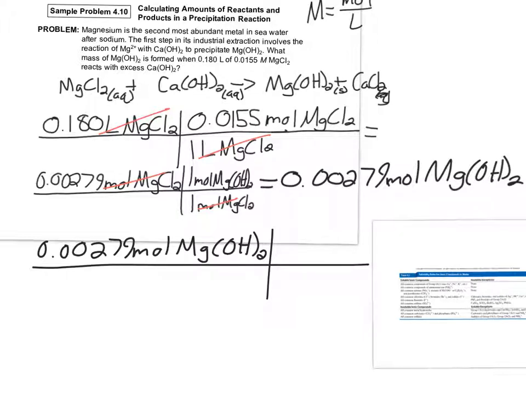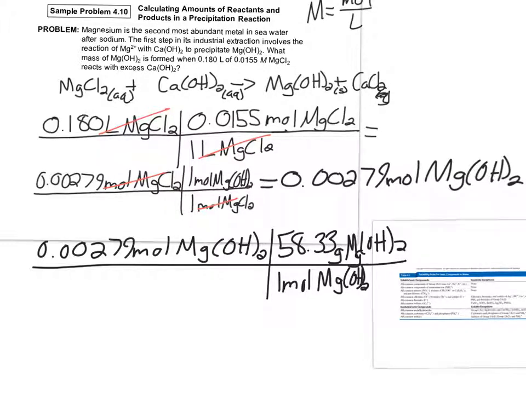That tells me that my molar mass is going to be 58.33. So in 1 mole of Mg(OH)2, I've got 58.33 grams of Mg(OH)2.